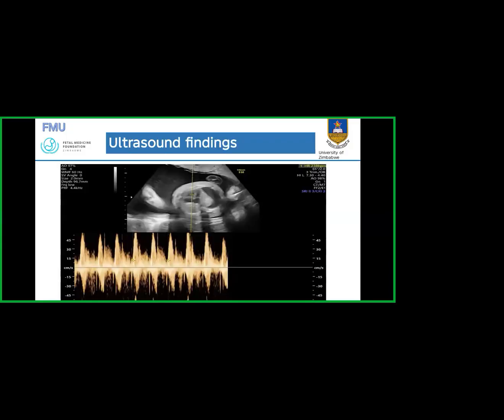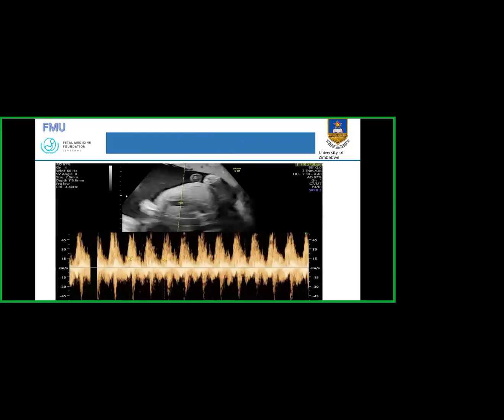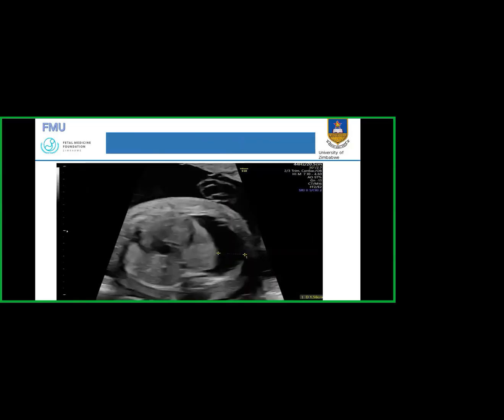So this is a picture of the fetal heart rate. We can see that the atrial contraction there is occurring almost simultaneously with the ventricular contraction. It was taken in the 4-chamber view. This one is also depicting the heart rate.